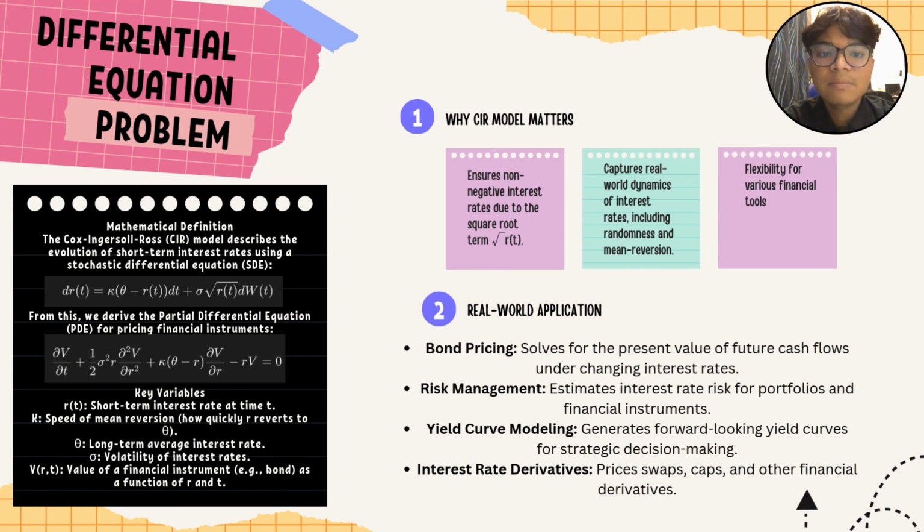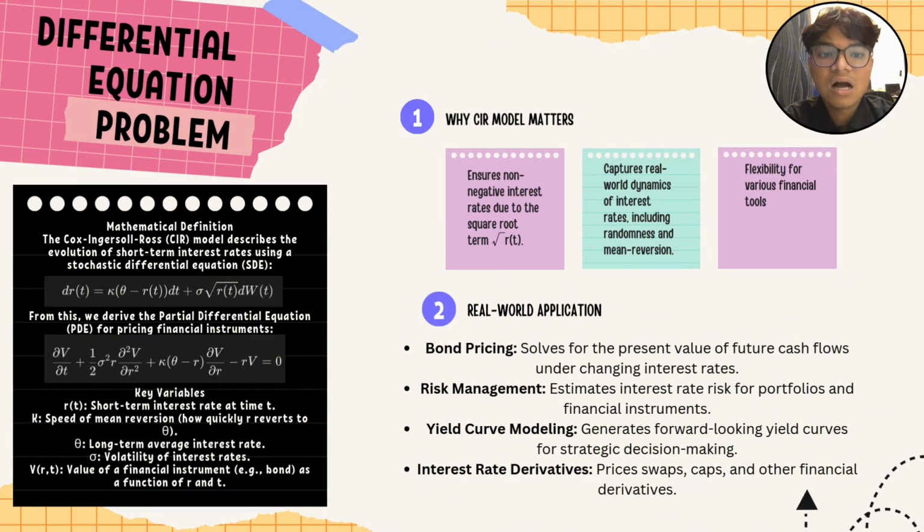At the same time, the model accounts for the unpredictability of real-world financial markets by incorporating randomness through a Wiener process. The mathematical equation for the CIR model is as follows in the slide. Here is what each part means. r_t represents the short-term interest rate at any given time. k is the speed of the reversion.